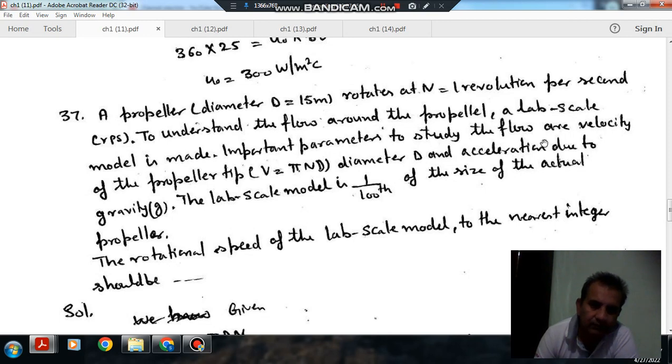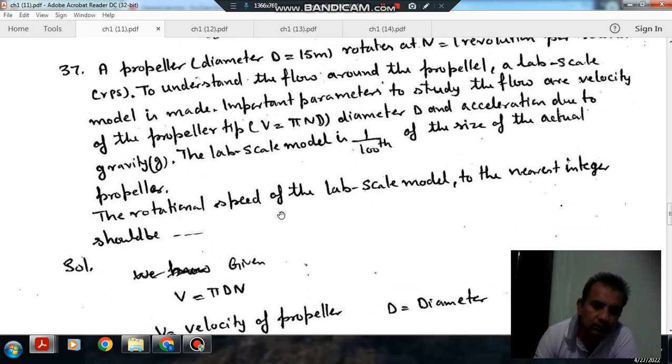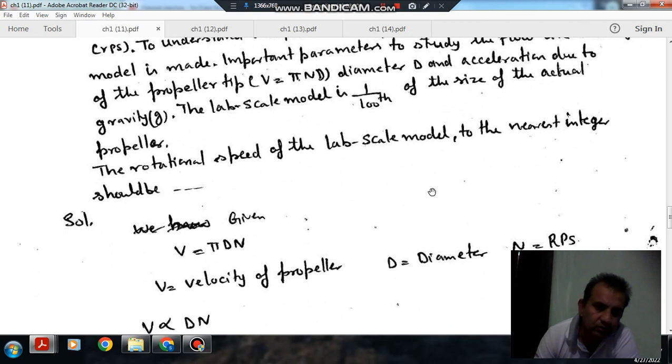Important parameters to study the flow are velocity of the propeller tip V equal to pi N D, diameter D, and acceleration due to gravity. The lab scale model is 1 by 100 of size of actual propeller. The rotational speed of lab scale model to the nearest integer should be.